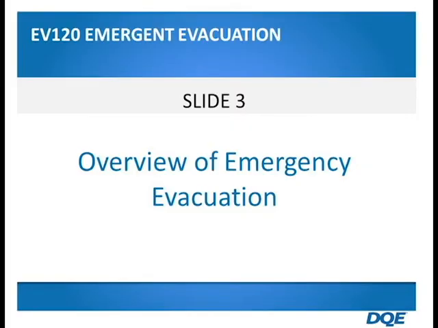An emergent evacuation will generally transition to an urgent evacuation when the immediate danger to life or health dissipates to the point that evacuees can pause, regroup, and develop an interim plan for a more orderly course of action.